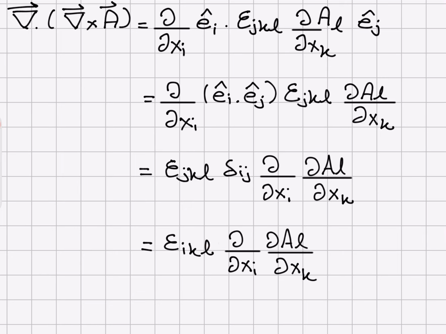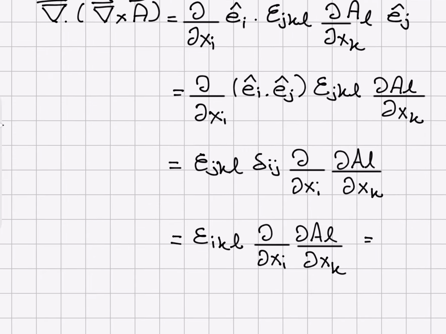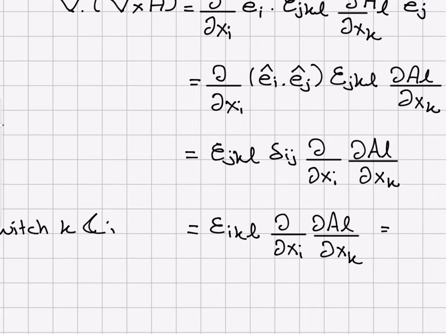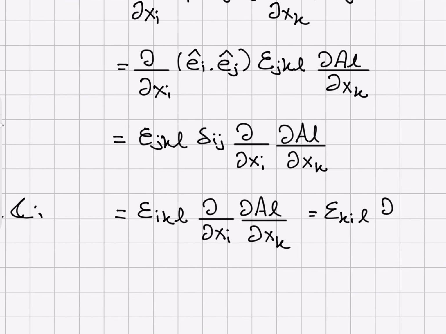So we can notice that if I switch k and i, what will happen? This will be epsilon kil and del xk, because I have switched k and i, del al del xi.